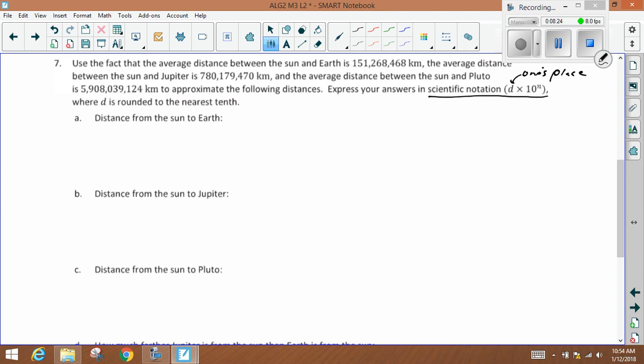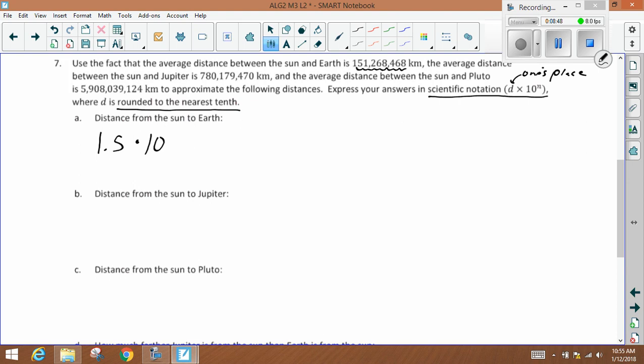I was just having us look at what happens when we move the decimal. And d is going to be rounded to the nearest 10. So for our distance from the sun to the earth, I'm going to call that 1.5, that's rounding to the nearest 10, times 10 to the 1, 2, 3, 4, 5, 6, 7, 8.